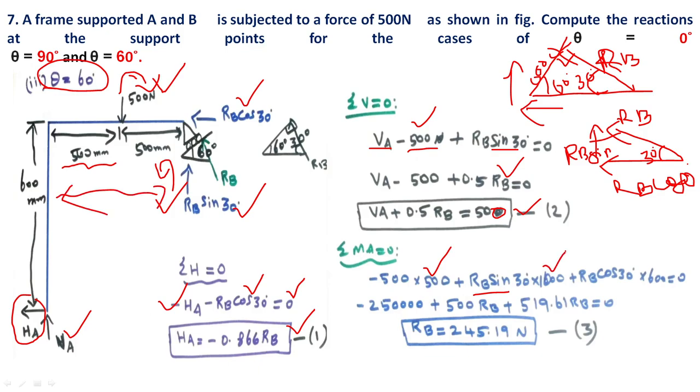RB cos 30 is also anti-clockwise, with perpendicular distance 600. So RB cos 30 into 600 is equal to 0.